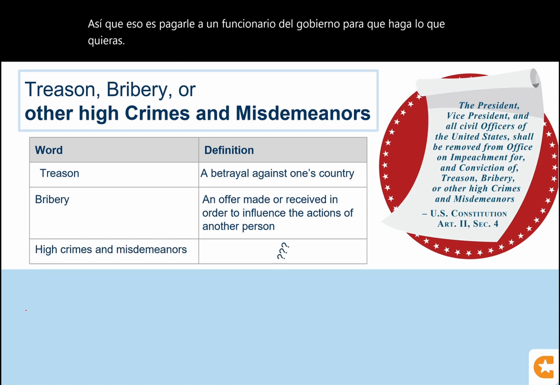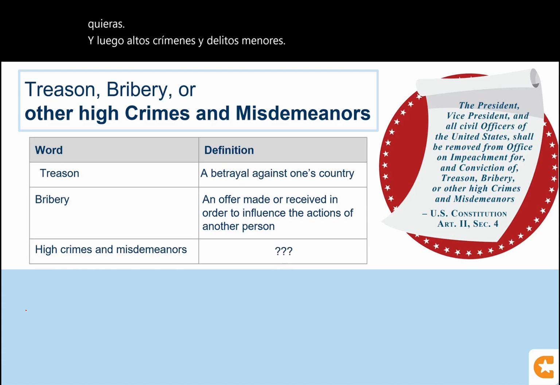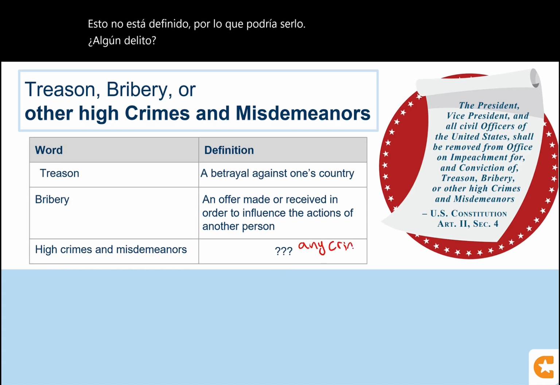And then high crimes and misdemeanors. This is not defined. So this could be any crime or anything illegal. That's a very large scope.